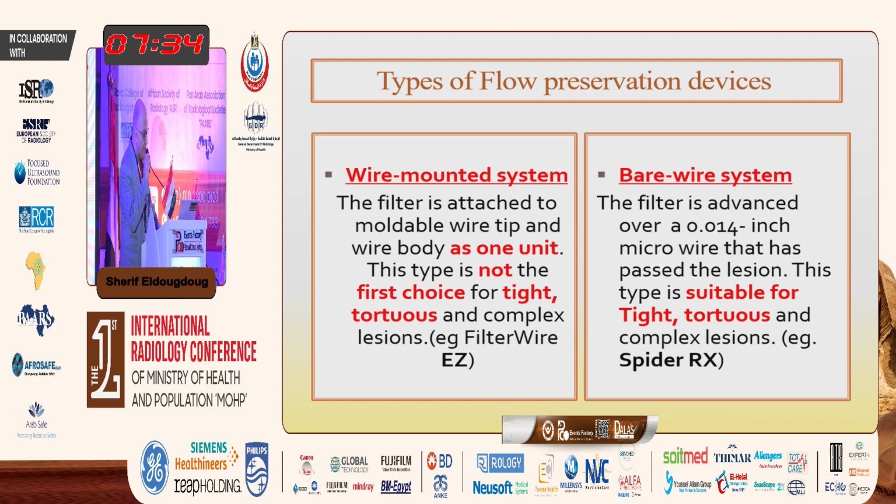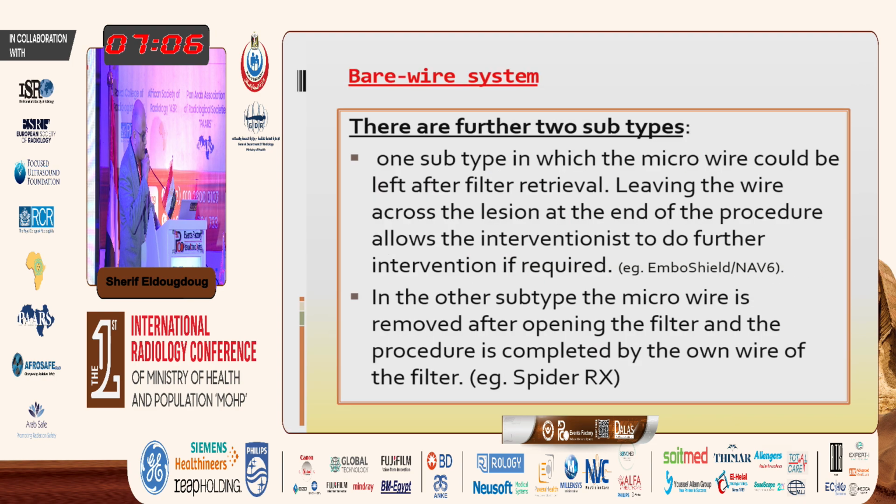In the wire mounted system, the filter is attached to the wire tip and wire body as one unit, but in the bare wire system, the filter is advanced over a 0.014 inch micro wire that has passed the lesion, and this type is suitable for tight and tortuous lesions in comparison with the wire mounted system, which isn't suitable for tight and tortuous lesions.